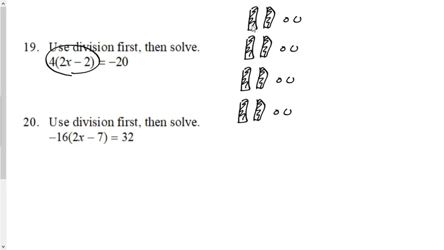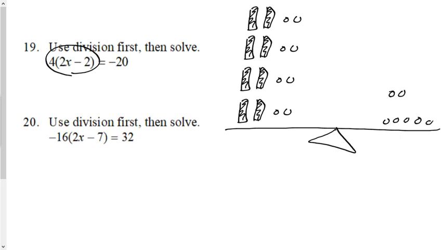And I would have this on a scale equal to negative 20. 1, 2, 3, 4, 5, 6, 7, 8, 9, 10, 11, 12, 13, 14, 15, 16, 17, 18, 19, 20. So this equation says 4 groups of 2x minus 2 is balanced with negative 20.